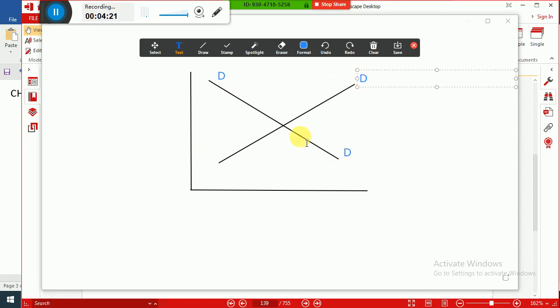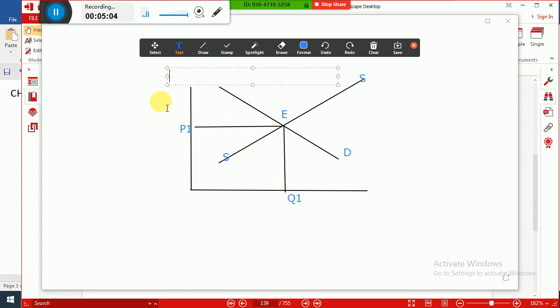The initial supply curve is S. Both the curves intersect each other at point E. So E is the equilibrium point in this market, where Q1 is the equilibrium quantity and P1 is the equilibrium price. This is the initial situation, P1 and Q1.